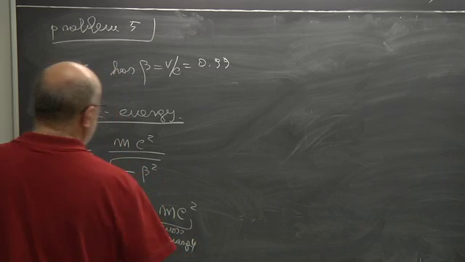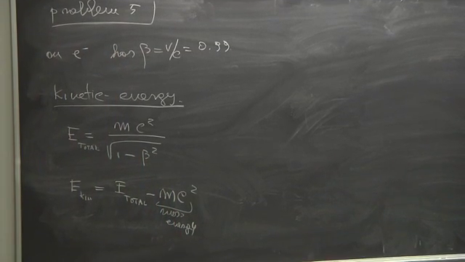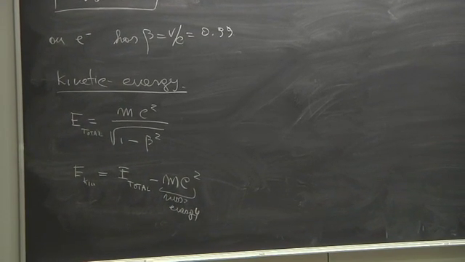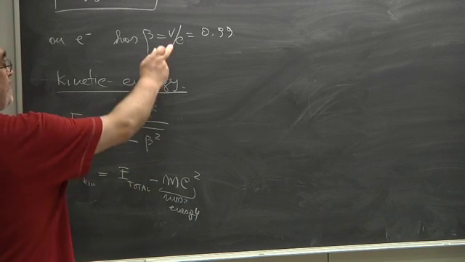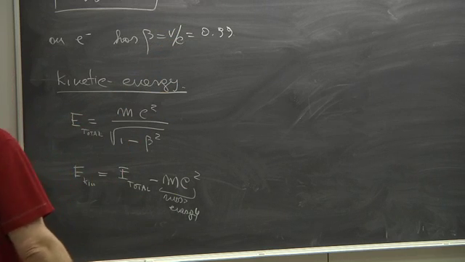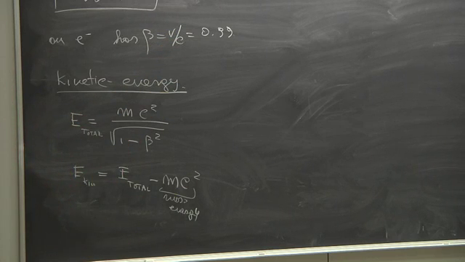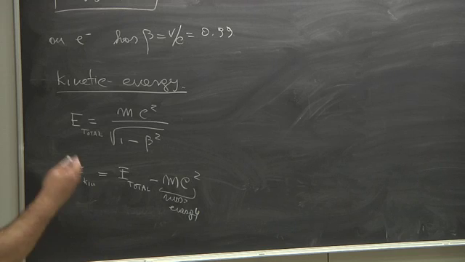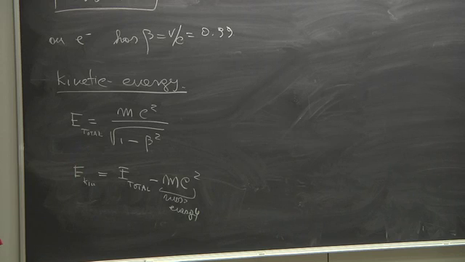Here in this problem, I think it was given a few years ago as an exam, many people did an expansion in beta, but you cannot do an expansion in beta, okay? It's true that beta is less than 1, but it's not very, very small.